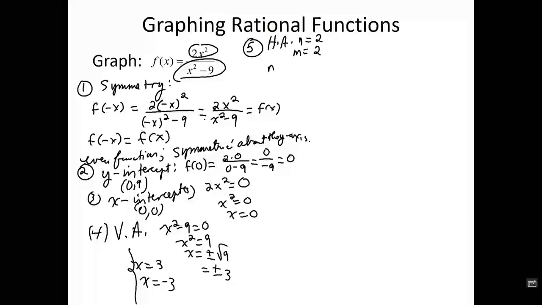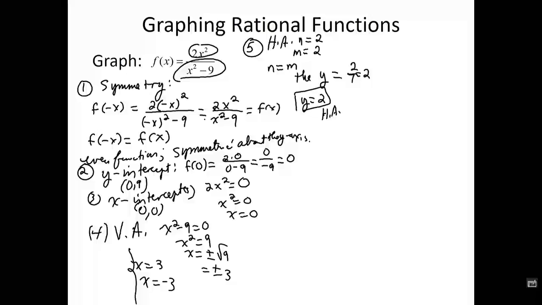So m is equal to n, so therefore the horizontal asymptote is the line y is equal to 2 over 1, which is 2. So y is equal to 2 is the horizontal asymptote.